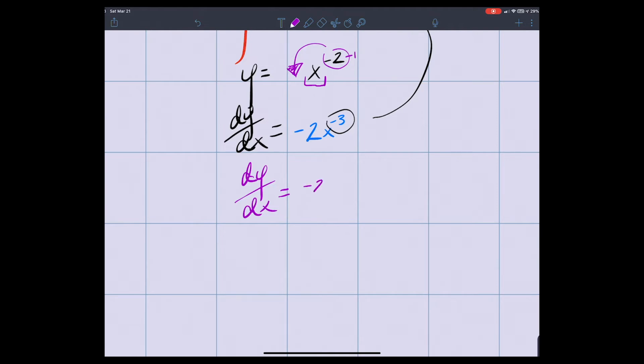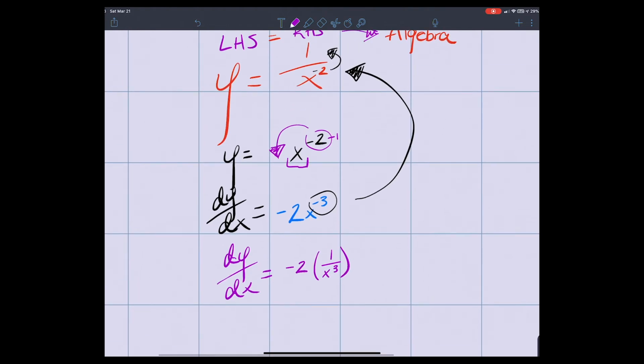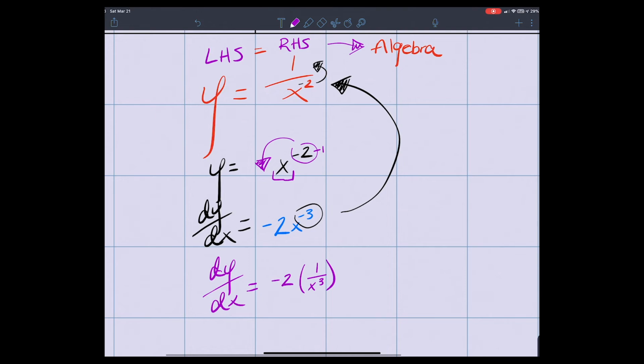I just keep the negative 2. I can keep it out front. And I can say, I want to write this as a positive 3, and I'm going to put it over 1, because that's what we did to get it here. So we can now simplify this and just say that this is negative 2, which is maybe the best way to go, negative 2 over x cubed.